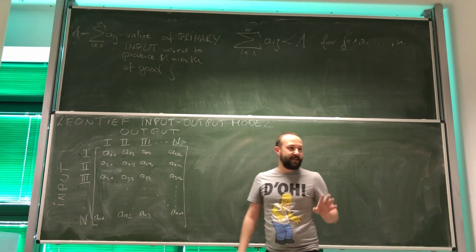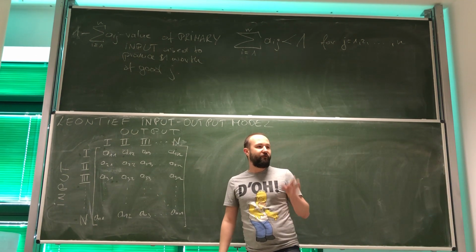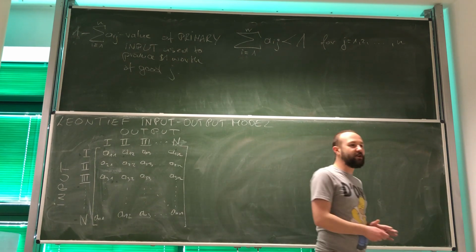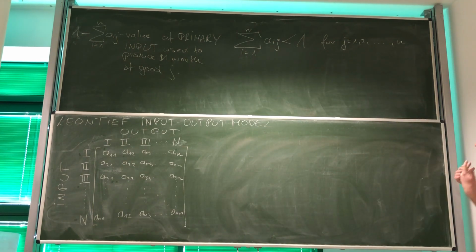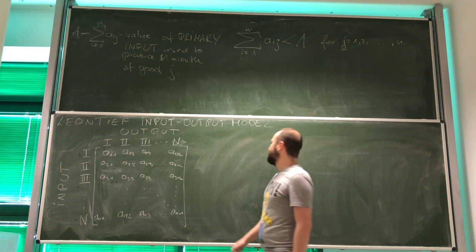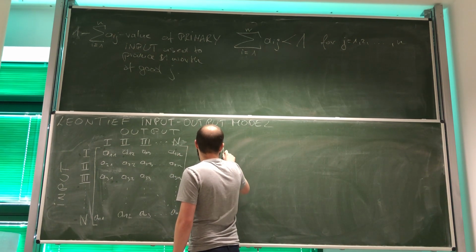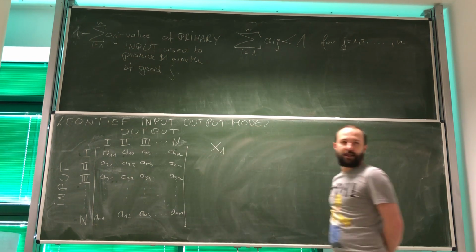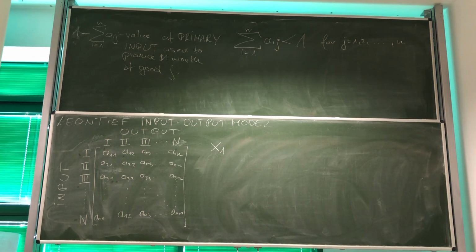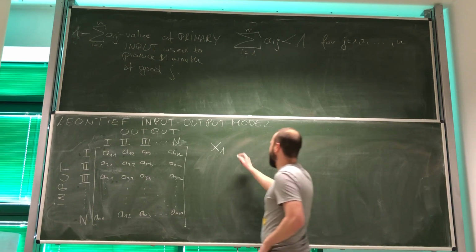Now, let's figure out what we are going to spend. Let's denote that x1 is the level of production of good 1, right? Nothing that complex, right?